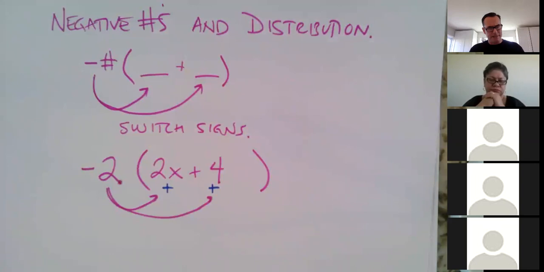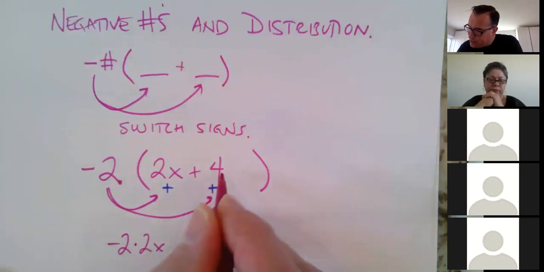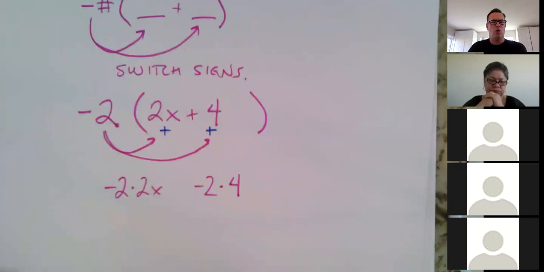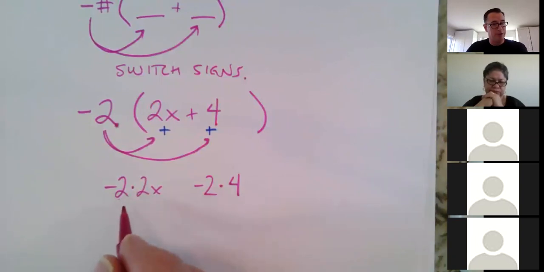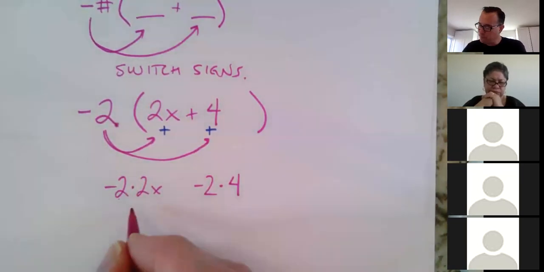So what this means is that it'll look like this. This will be -2 times 2x, and then this one here will be -2 times 4. Now, what is this? It's multiplication. And so 2 times 2 gives me what answer? Oh no, I mean 4. 2 times 2 is 4.